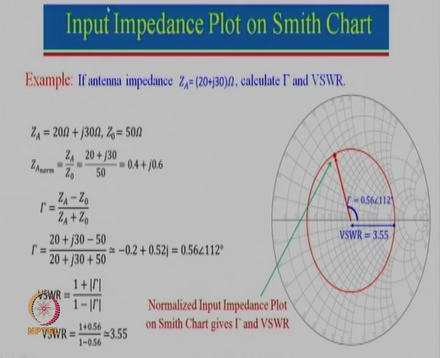These are known as the constant reactance circles. For this entire curve here, the reactance value will remain fixed, but as you move from here to here to here, only the resistive value will change.